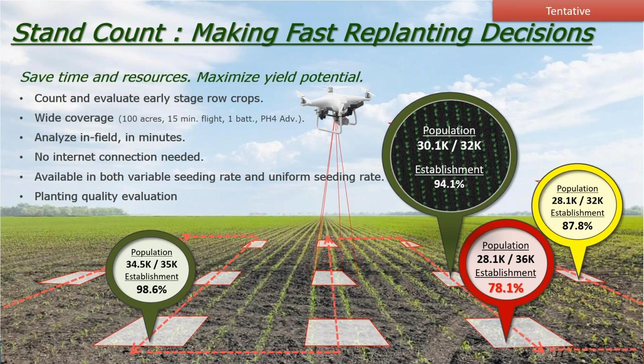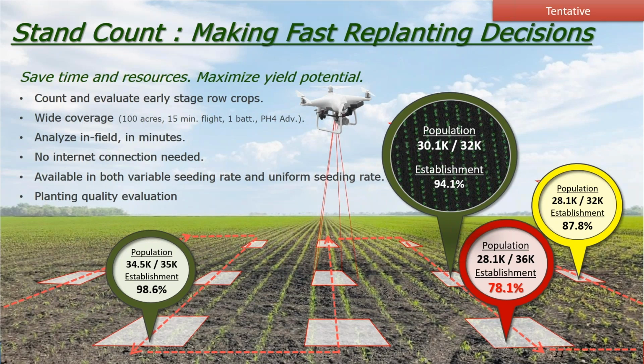With this solution, you fly the drone over the field, with a very common drone such as a Phantom 4. You can cover like 100 acres in one flight.